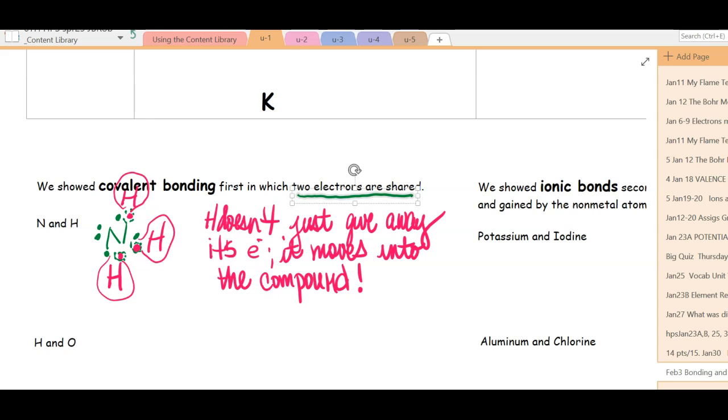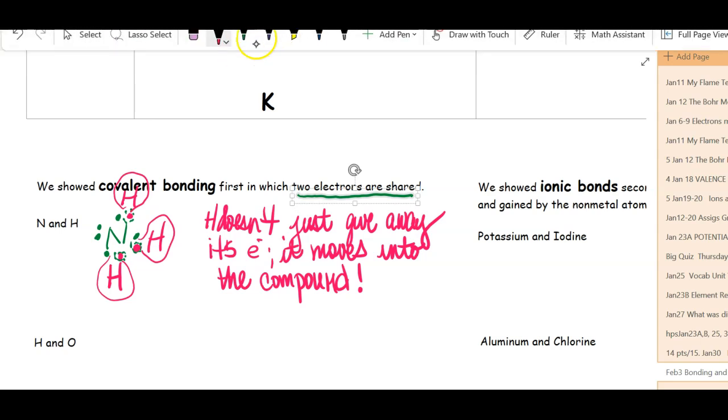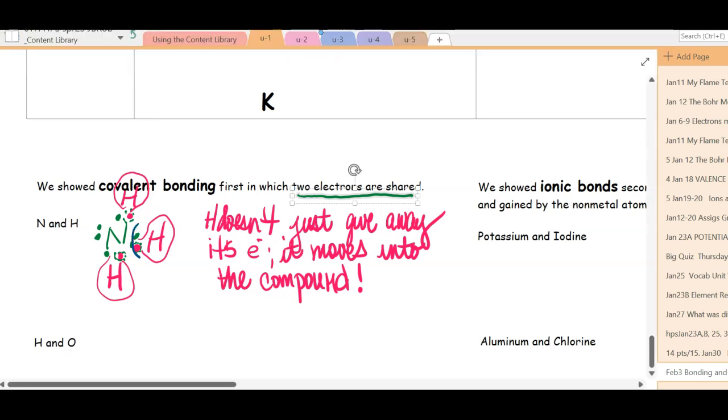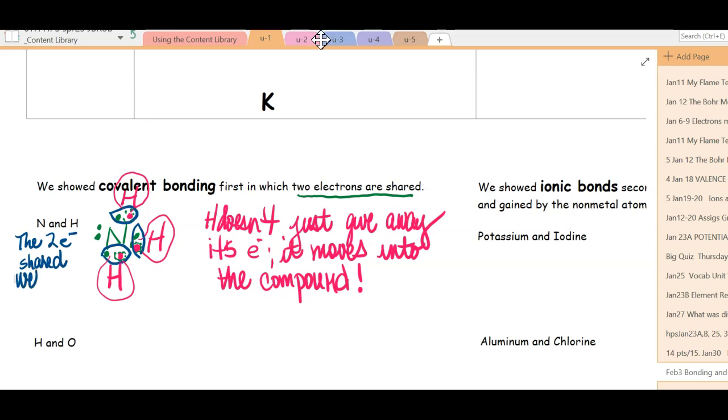So this is where I drew something that had this shape of, let me get another color, remember I drew sort of a shared pea pod here to illustrate that the 2 electrons shared were in the overlap of the 2 atoms.